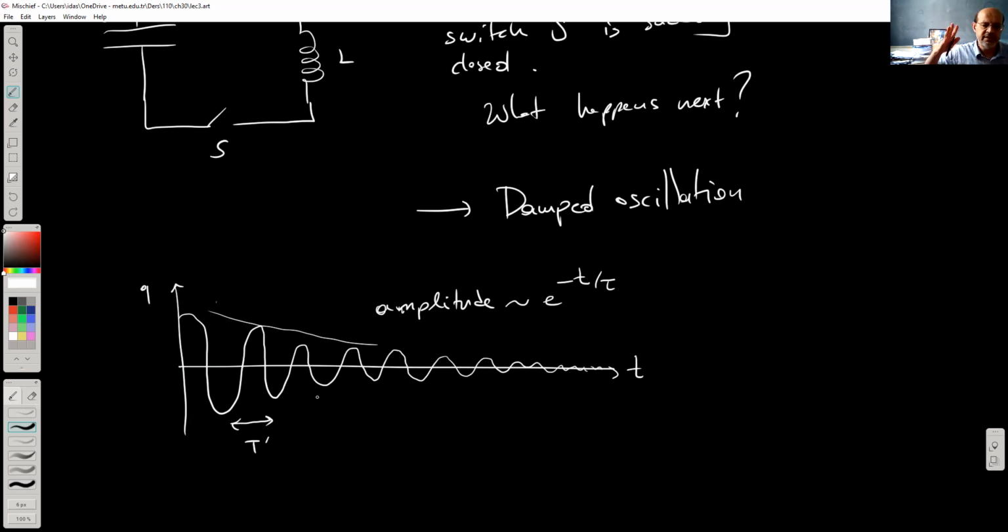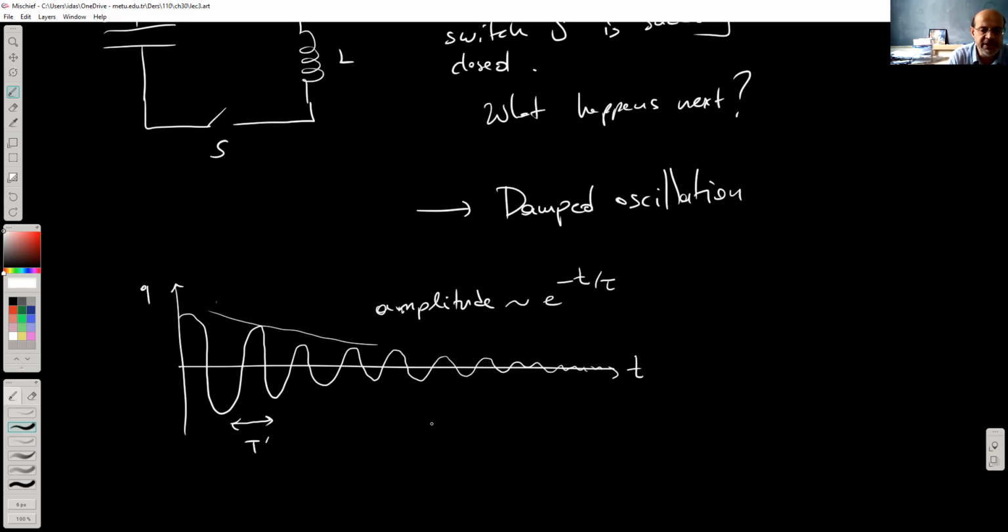I mean, the damping is so great that the energy loss is so great that this thing actually doesn't have time to oscillate. And that's what we call overdamping. It's basically a detail that I don't want to talk about. But in any case, we basically have this kind of situation. So only a qualitative understanding of this is necessary.